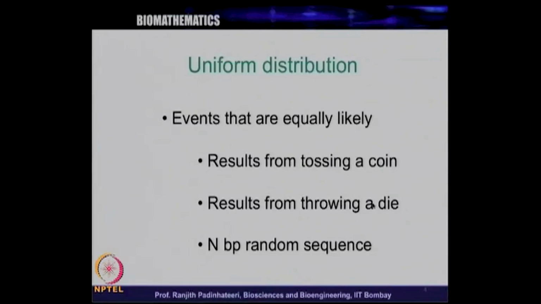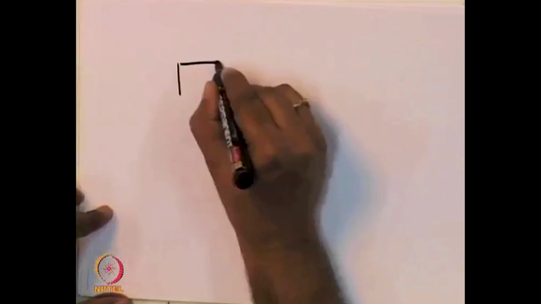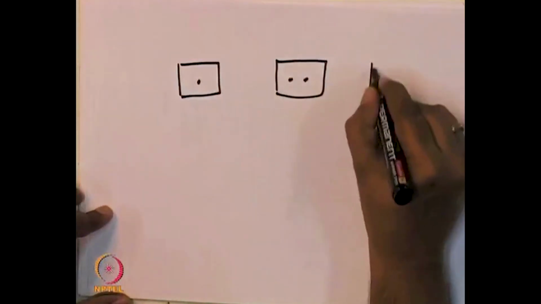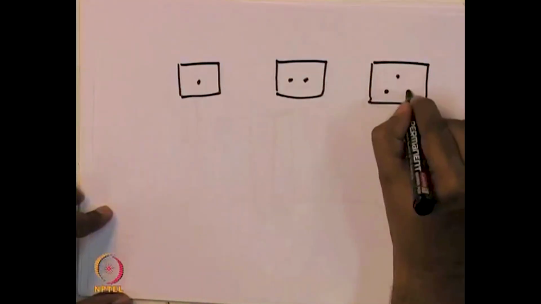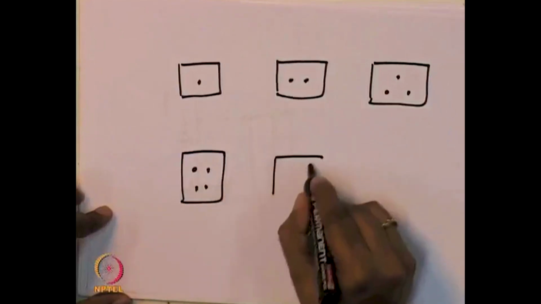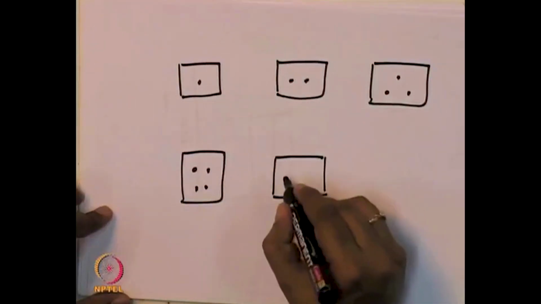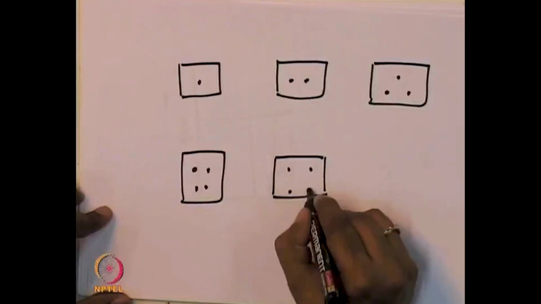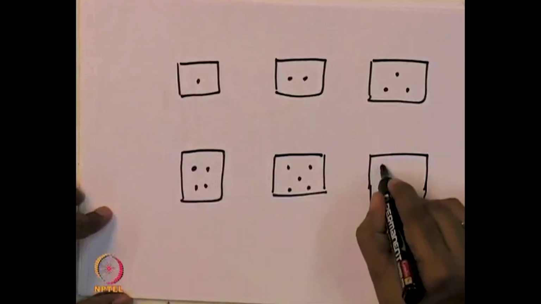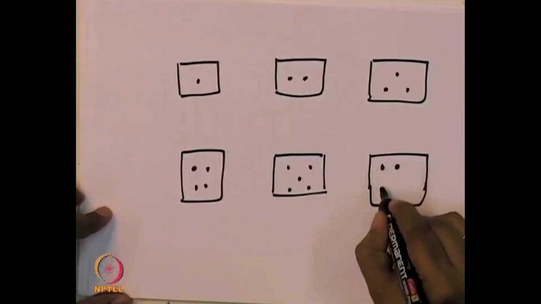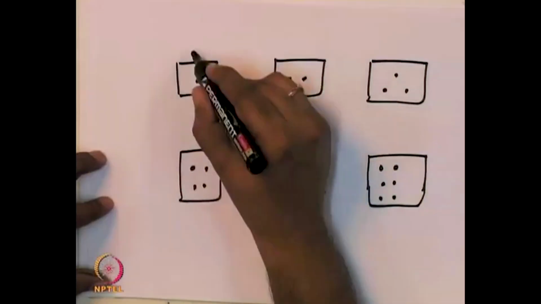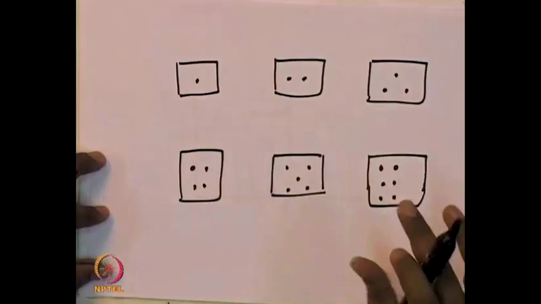You might have seen dice with one side having 1 dot, another side having 2 dots, another side having 3 dots, another 4 dots, another 5 dots, and a side having 6 dots. So, these are the different sides of a die.